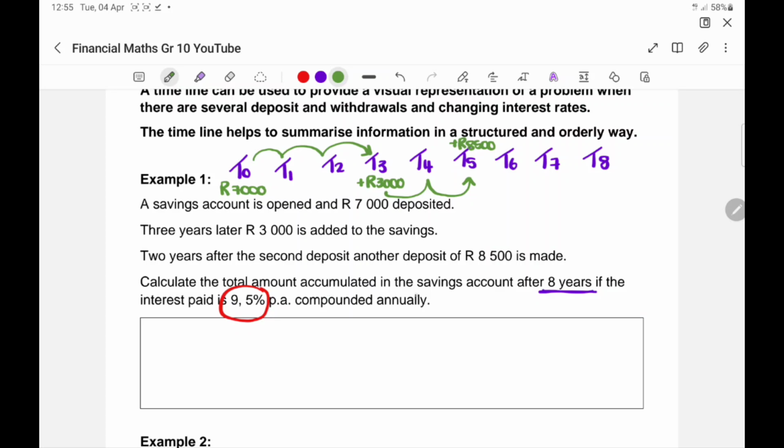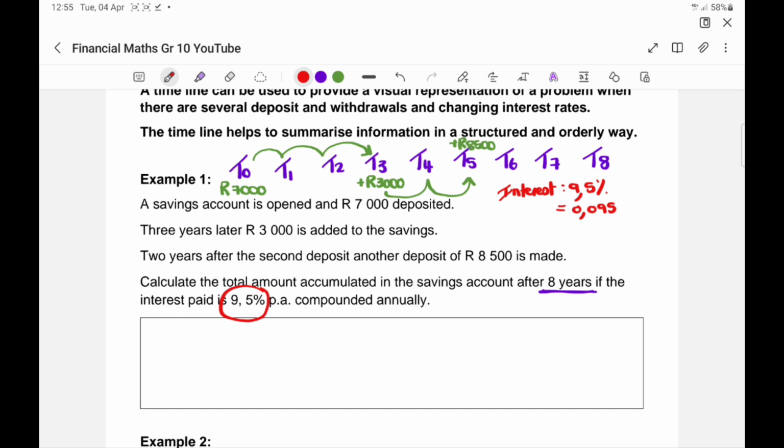Calculate the total amount accumulated in the savings account after 8 years at 9.5% per annum. So very important. Just also write here somewhere what your interest rate was on your timeline at 9.5%, which is also 0.095 if you want to represent it as decimal. Okay, so now we're going to start with the actual sum.